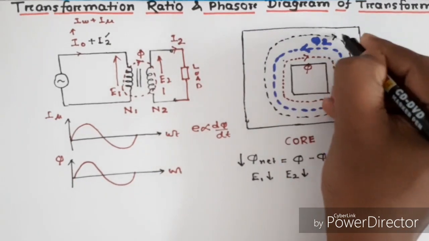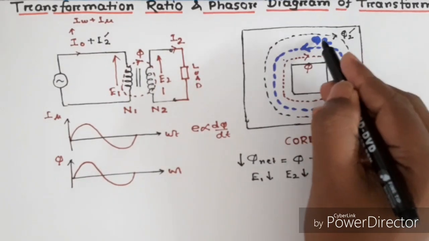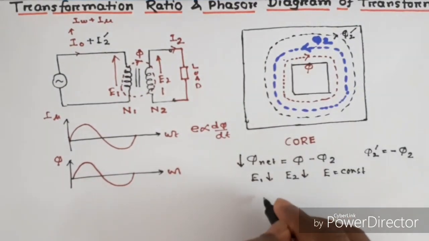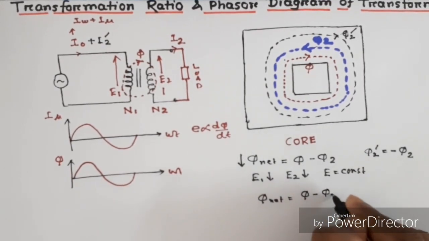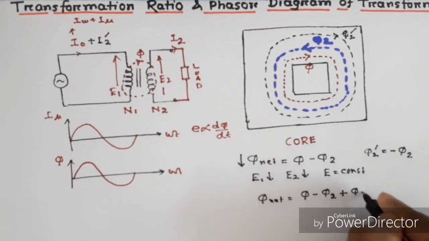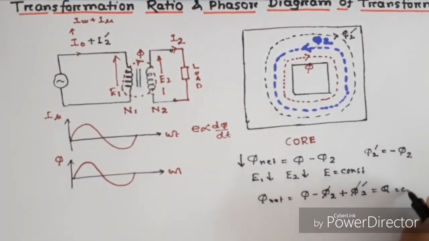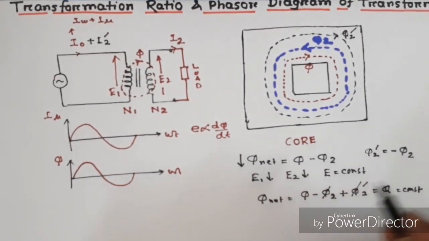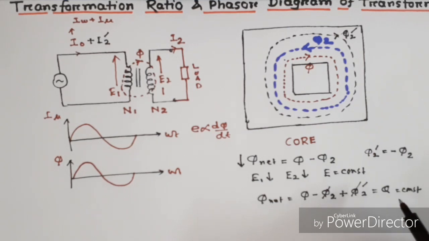This is phi 2 dash due to I2 dash, equal but in opposite direction. Then phi net equals phi minus phi 2 plus phi 2 dash. Here these two quantities will cancel out, so phi equals constant. Therefore, the working flux phi remains constant. For this reason, the transformer is also called a constant flux device.